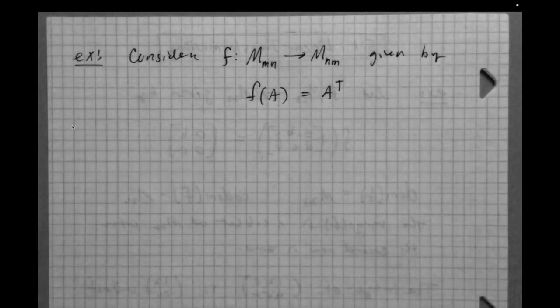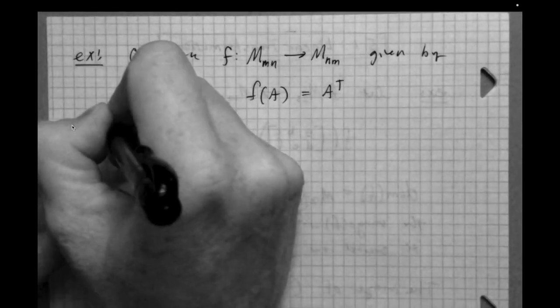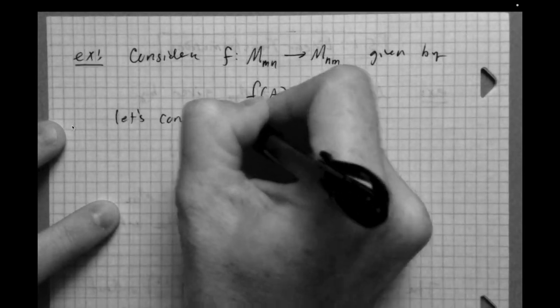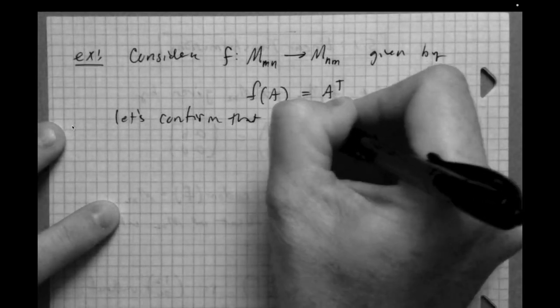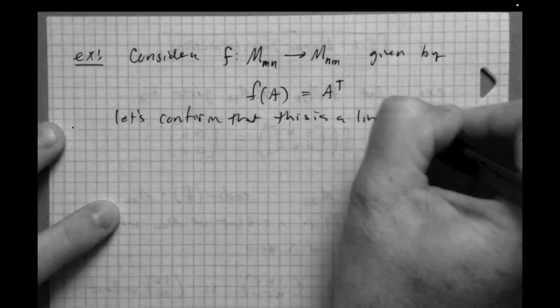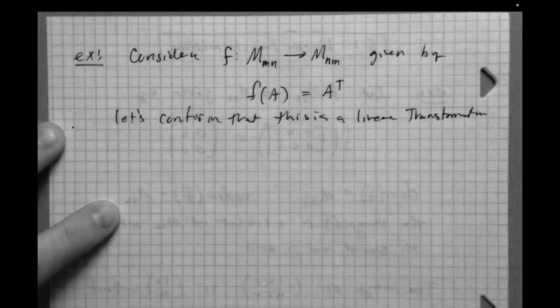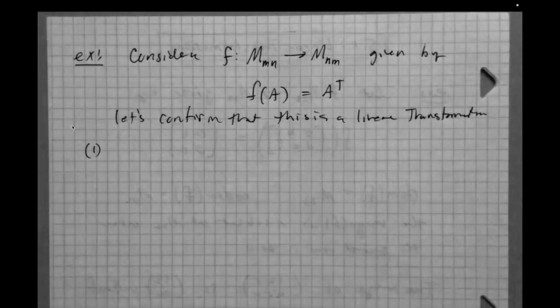Now that's the function we're defining. Let's confirm that this is a linear transformation. Basically we have to confirm the two properties.